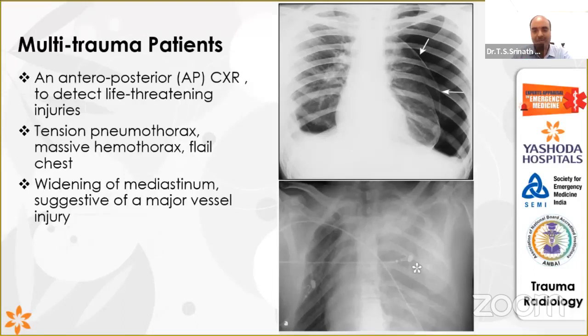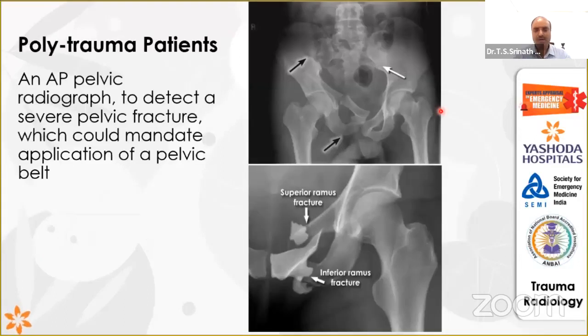Only then can you be sure that this patient doesn't have a C-spine fracture. If you are unable to extend, you should not extend. If the patient complains of pain in the cervical region, don't try to extend the neck. It is always better to keep the patient in the C-collar and subject him to a plain CT scan. That is the golden rule which you and I follow in the emergency department.